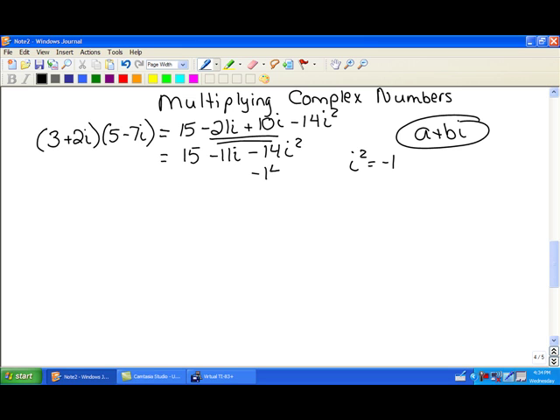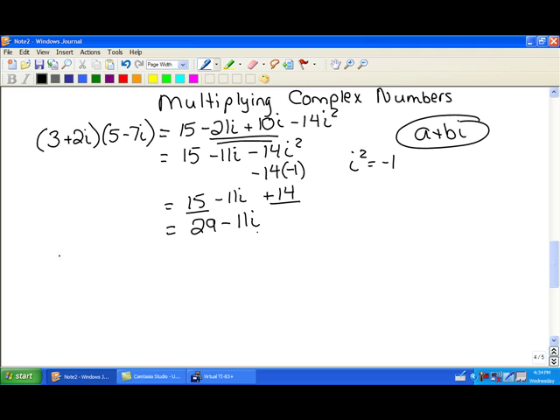So if I replace the i squared with a negative 1, negative 14 times negative 1 is going to be a positive 14. At that point, I can combine it with the real number of 15. 15 and 14 will give us 29 minus 11i. So we now have that in a plus bi form.